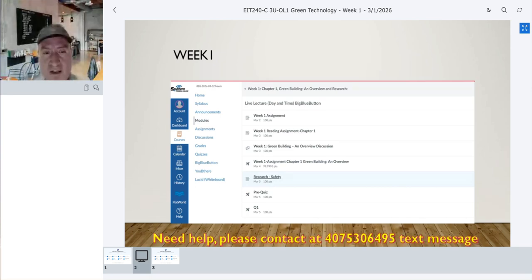Also, another way that you can see week one is when you go to the modules, you can find week one. Here, you see the week one assignment for Monday is March 2, which is when you need to complete it. And also, don't forget, you have all day available until 11 p.m. After 11 p.m., you don't have the opportunity to complete it.